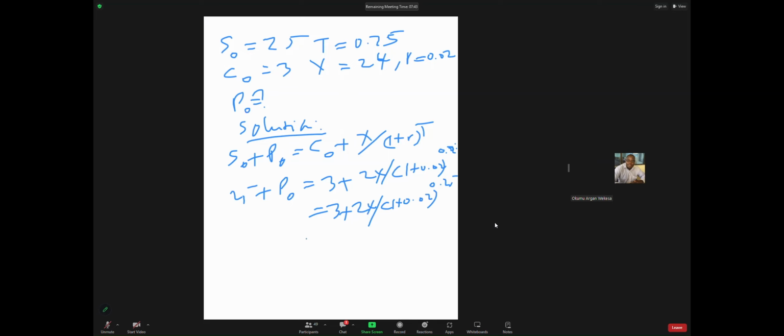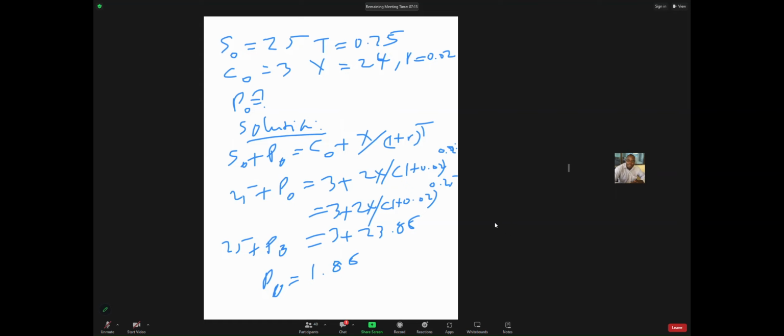So if you work it out with your calculator, you will have 25 plus PO is equal to 3 plus 23.88. So PO is actually 1.88, because it's this minus 25.